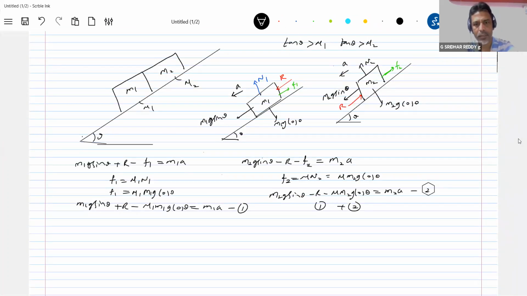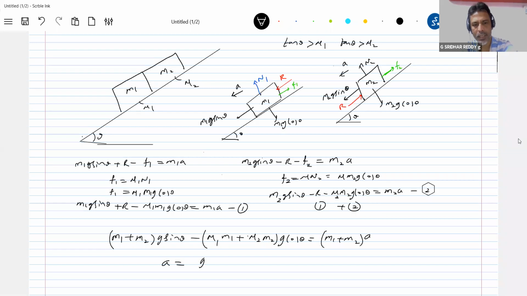Now adding 1 and 2. Directly let me write here: (m1 plus m2) g sine theta minus (mu1 m1 plus mu2 m2) g cos theta equal to (m1 plus m2) into a. So the acceleration is equal to g sine theta minus (mu1 m1 plus mu2 m2) by (m1 plus m2) times g cos theta.